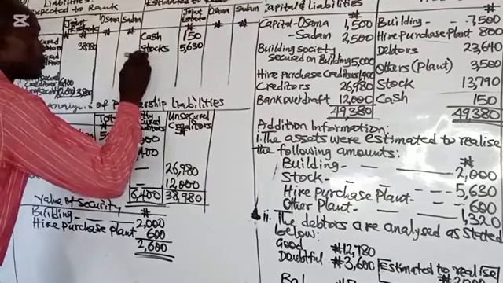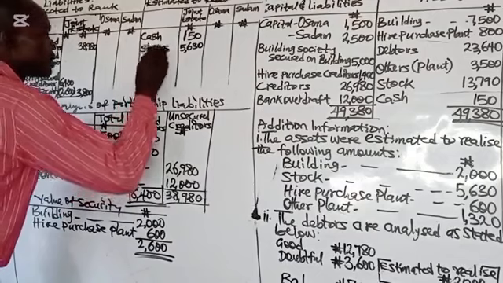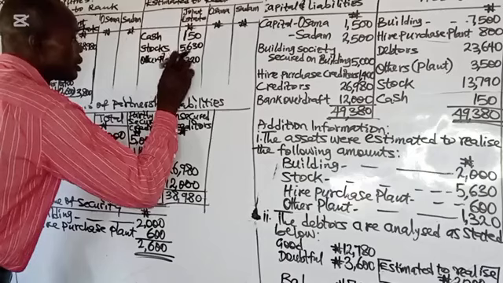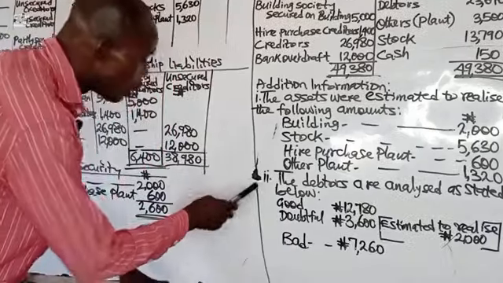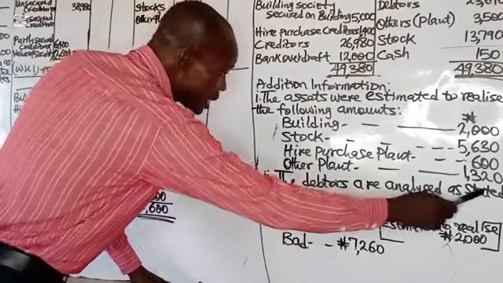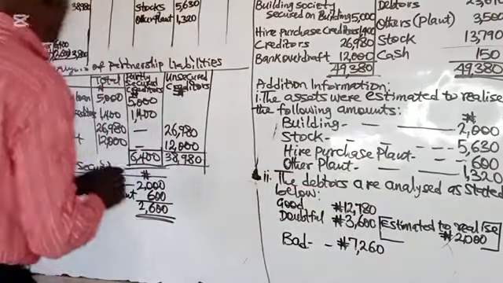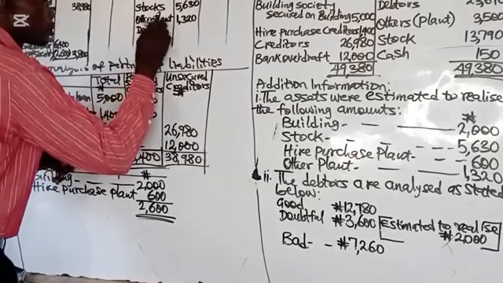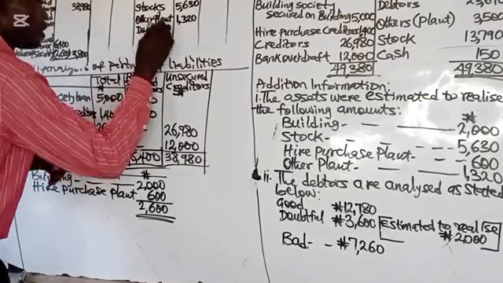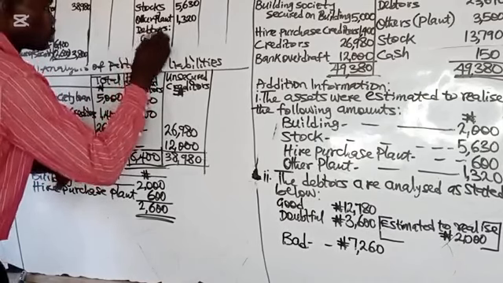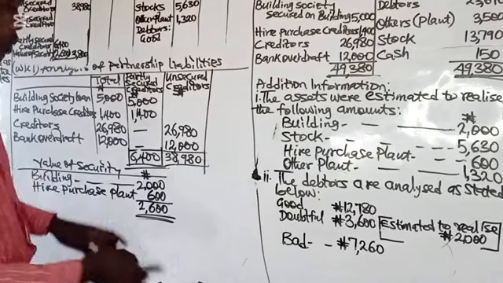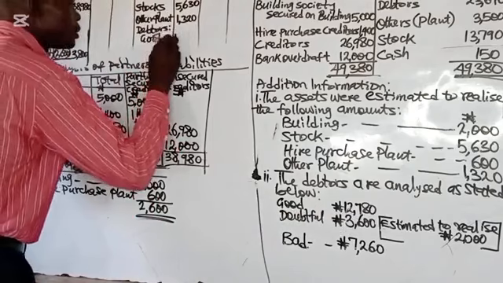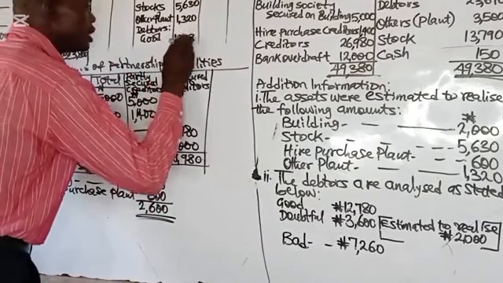Other plant, 1,320. Note 2. The debtors are analyzed as stated below. So debtors, we have good debts, 12,780.